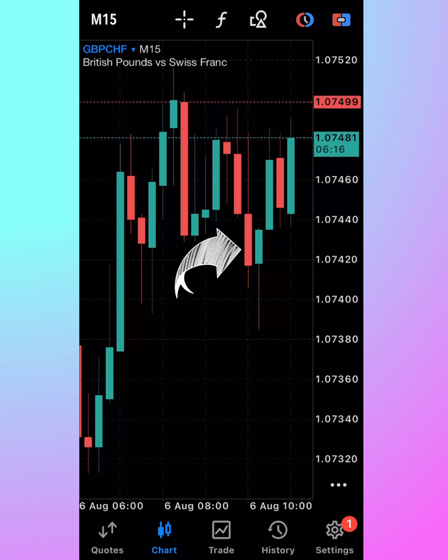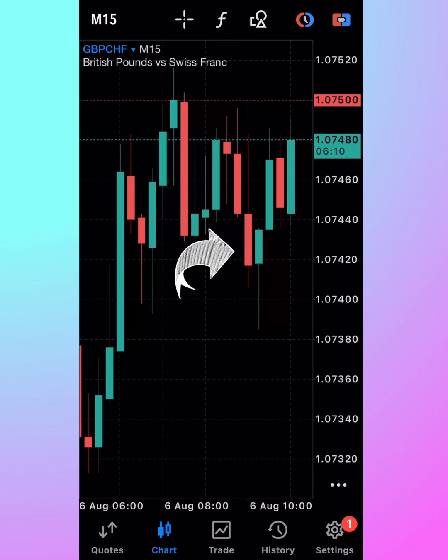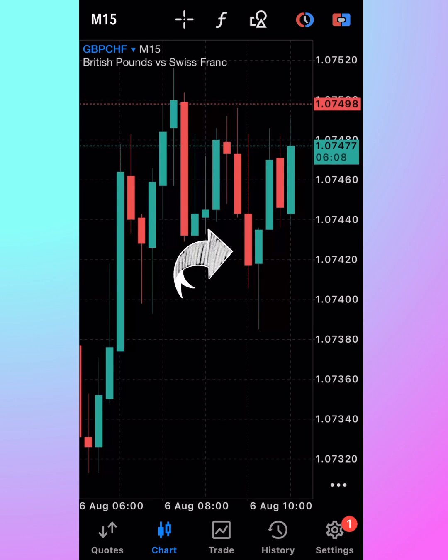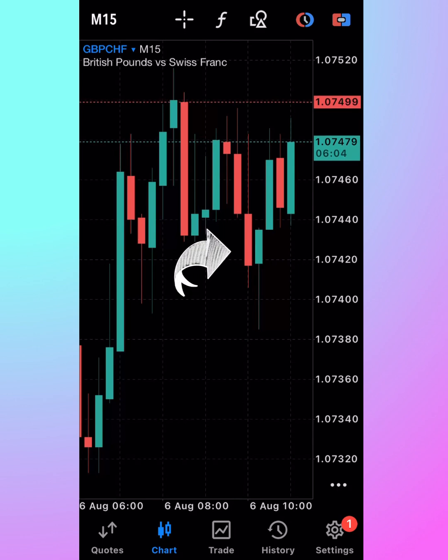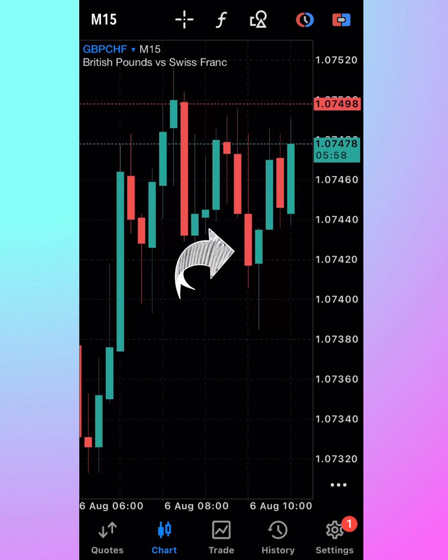Not that I was revenging, but I felt like I missed my entry because I was too early. So let me still give this trade a shot. Not that I was revenge trading or anything, but it just pained me that maybe this trade has potential, but I just jumped into it based off of how bullish or how bearish I think it is.